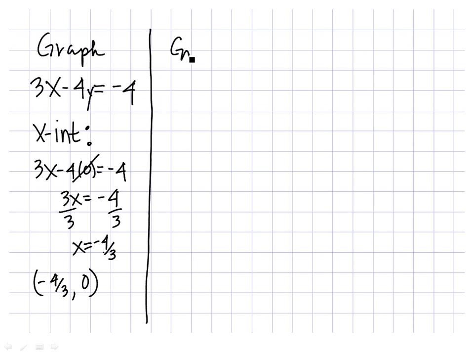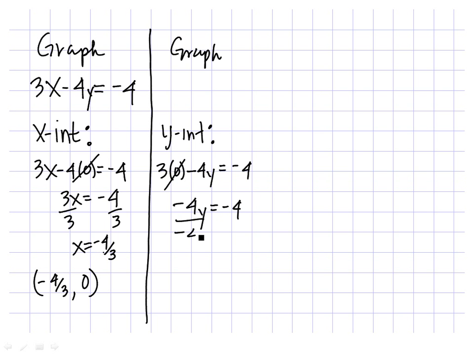Alright. Let's find the y-intercept now. So to find the y-intercept, replace the x with a 0. Alright, that goes away. You have negative 4y equals negative 4. Divide by negative 4.